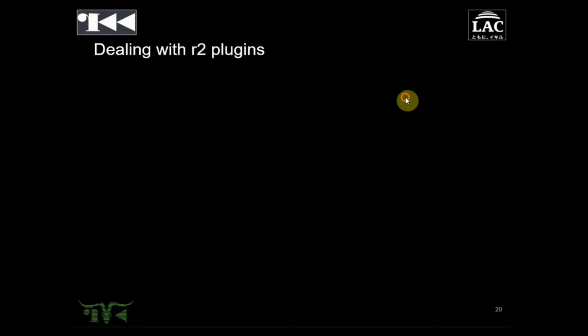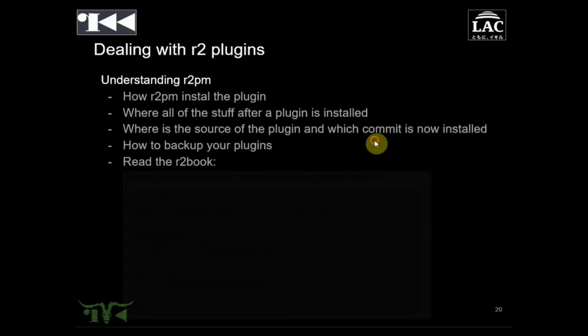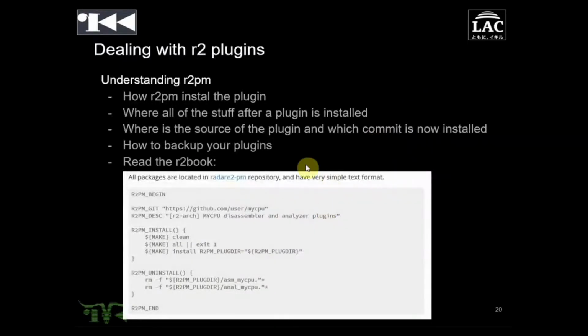So you have to understand, and also know, how to back up your plugins. For more information about how a plugin is integrated into the Radare core components, you have to seek that information before you understand how to pin the bug. In that case, you will need the information about plugins, which is written in the R2 book, and that can be accessed online, or you can see the reference in this slide later on.